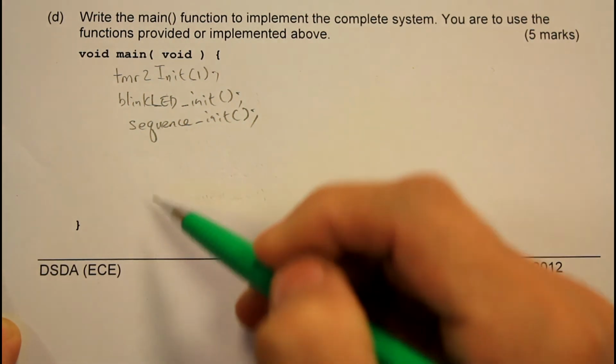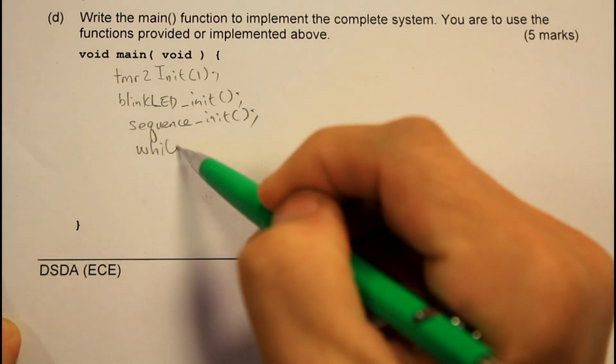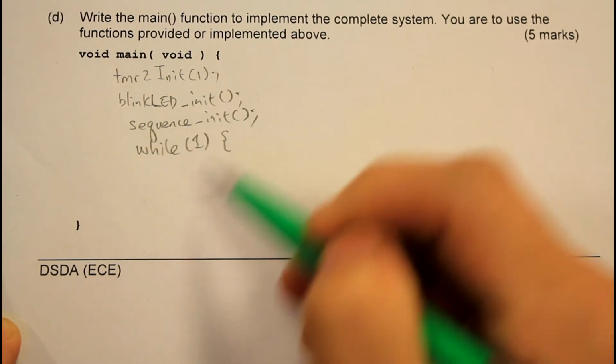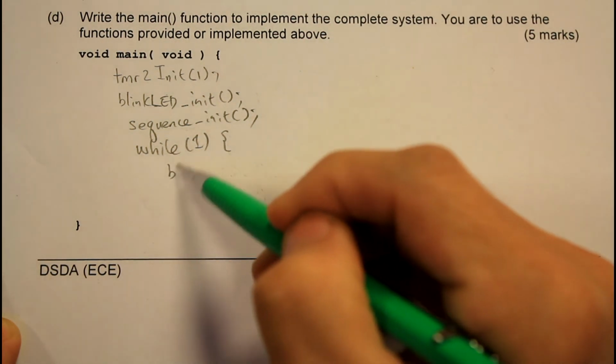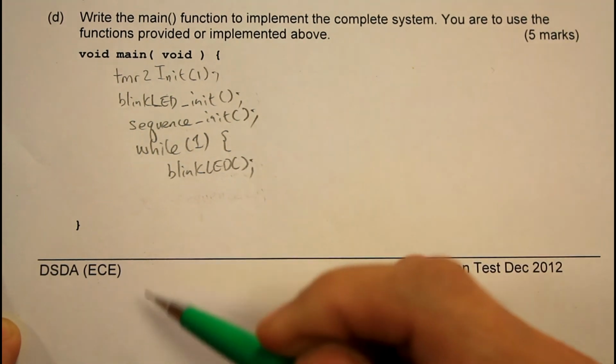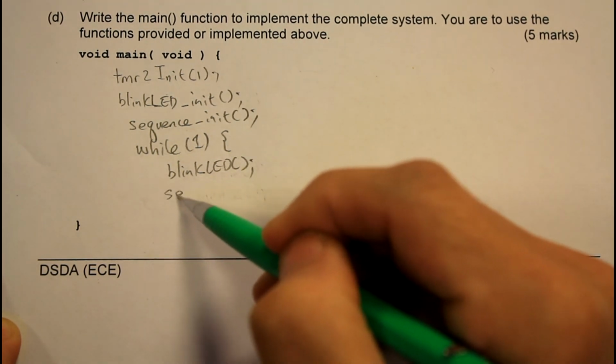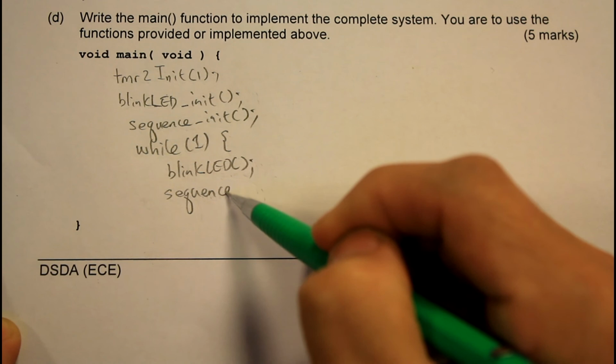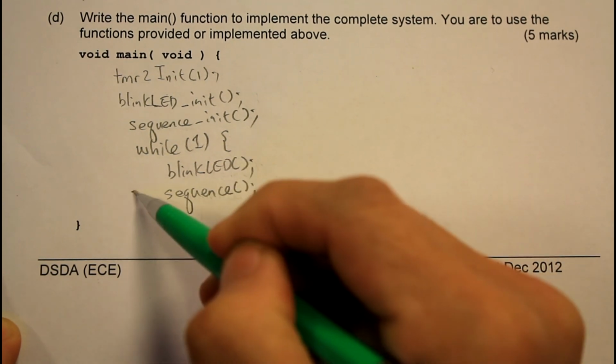Once the initialization is done, we can do the while one task. Call the blink LED and call the sequence. That's it.